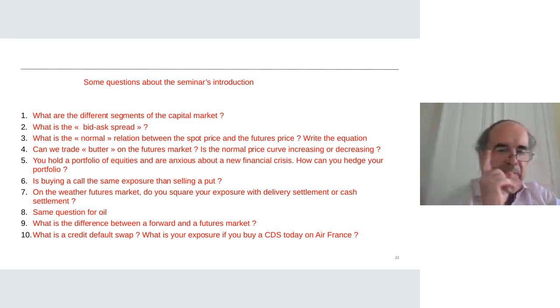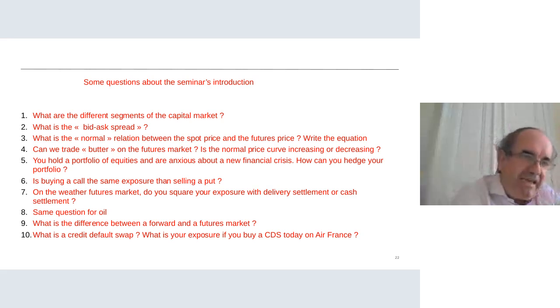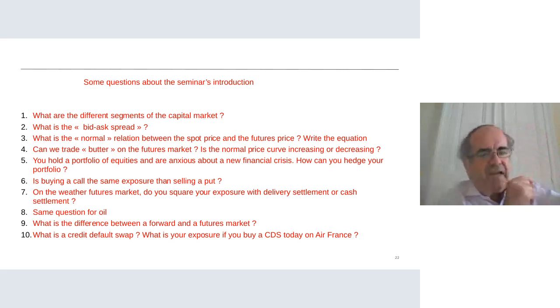But, and this is the end of my story, what happens if people buy CDS? First step, banks sell CDS. Second step, banks hedge themselves. Third step, they hedge themselves by borrowing bonds and selling them on the spot market. Fourth step, but when you sell bonds spot, what happens?